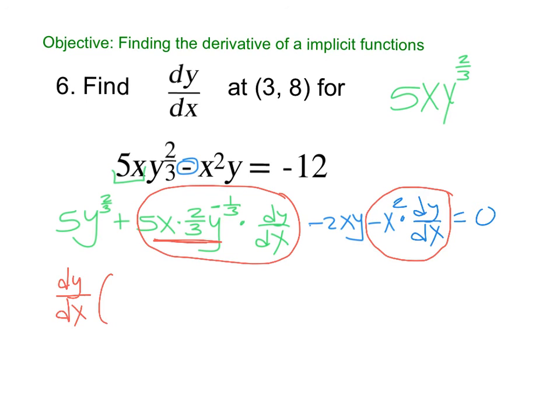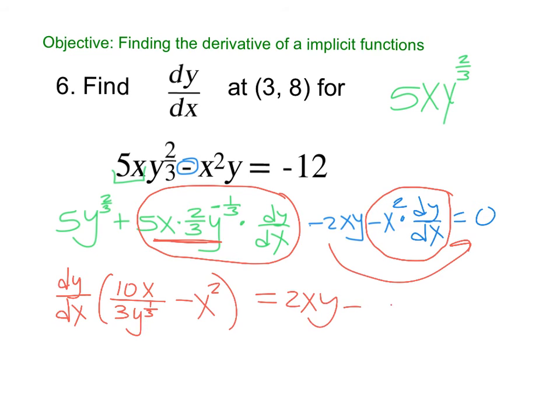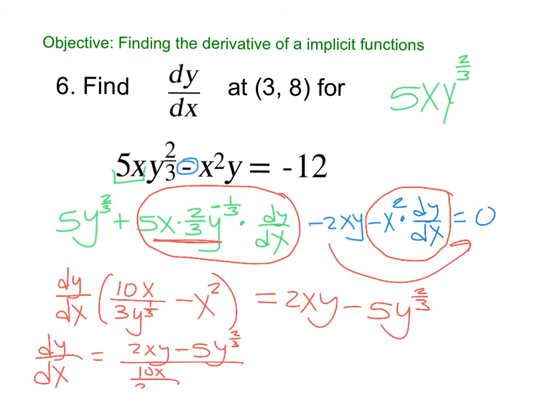This is 5 times 2 is 10, so 10x over 3y to the 1/3 minus x squared equals, and then everything else moves to the other side, so the 2xy minus 5y to the 2/3. Then we divide: 2xy minus 5y to the 2/3 over 10x over 3y to the 1/3 minus x squared.